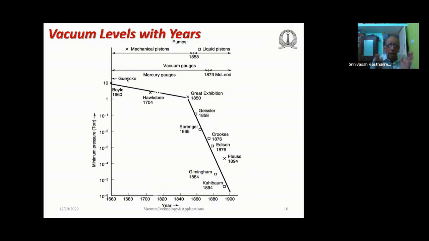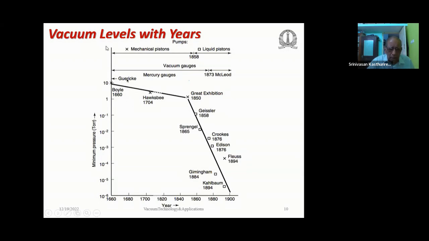Now you see how the vacuum level modified with years is shown here. For example, you can see the atmospheric pressure and then gradually the pressure going down on the y-axis, and the years on the x-axis.